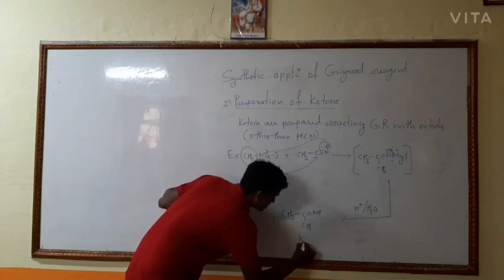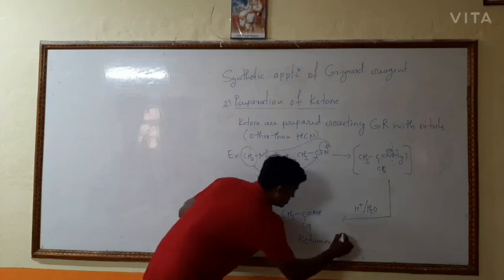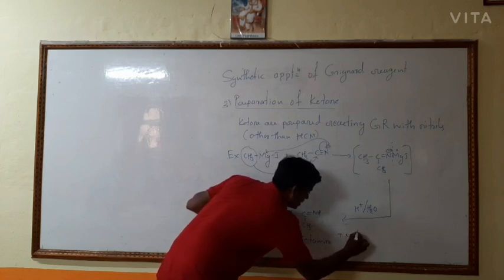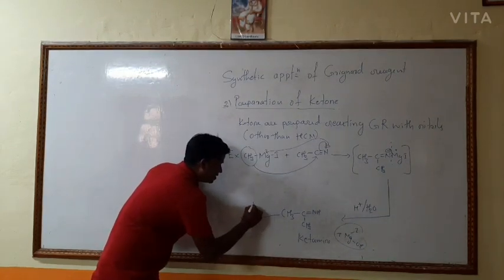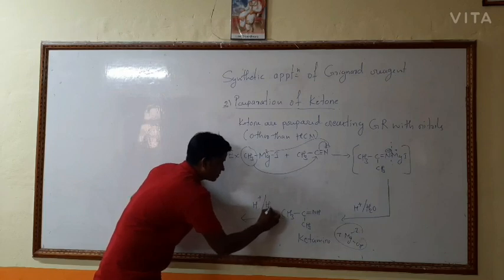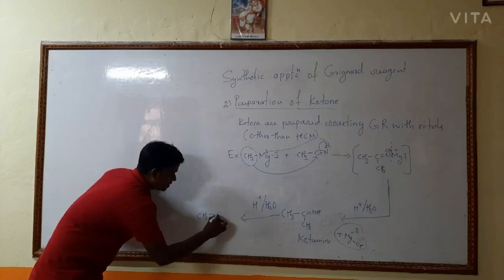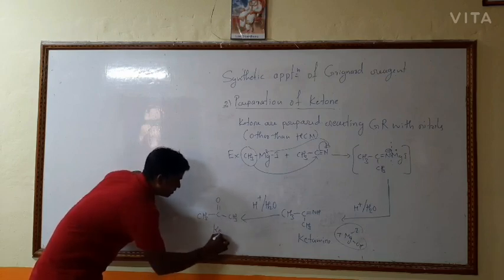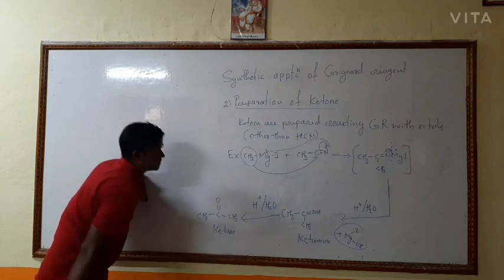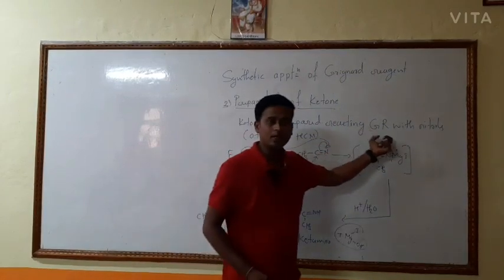This is called ketimine. The other product, the byproduct, is MgI(OH). This ketimine again undergoes acid hydrolysis to give CH3 C double bond O, CH3. It is our ketone. This is the preparation of ketone by using Grignard reagent.